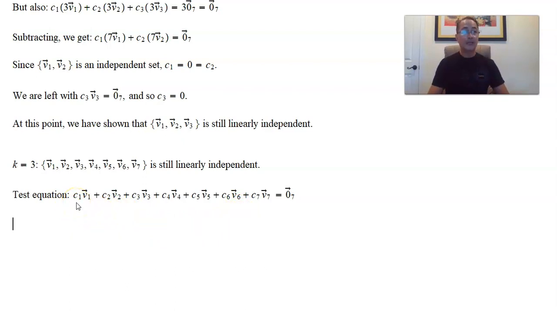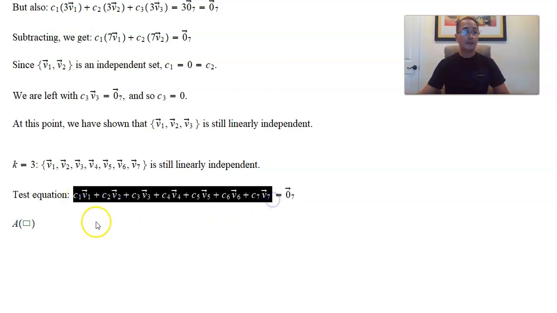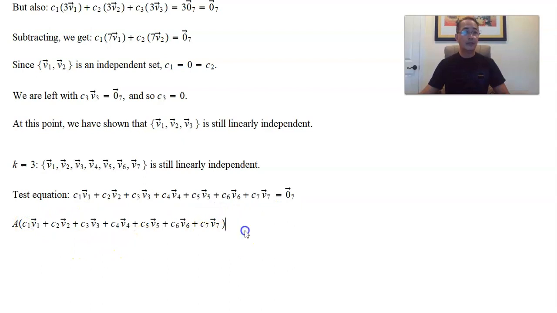We will multiply both sides of this equation by A. So copy that. A times all of this must be equal to A times the 0 vector, which, once again, is just the 0 vector.